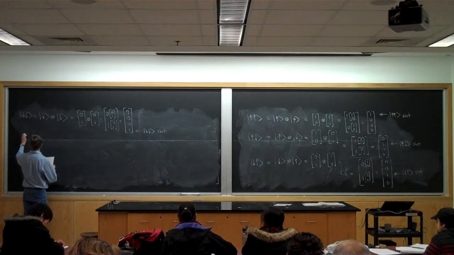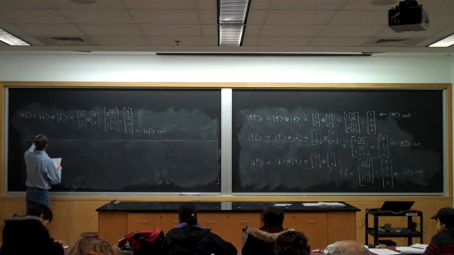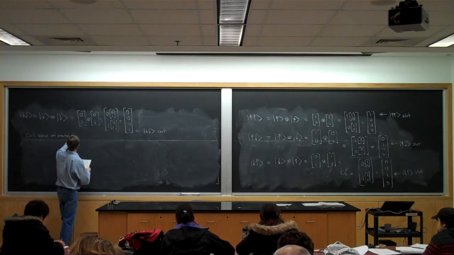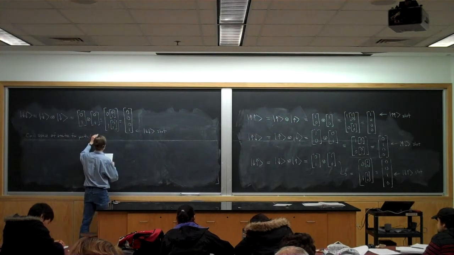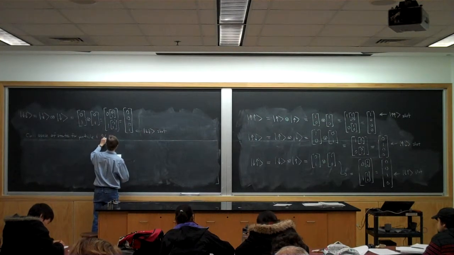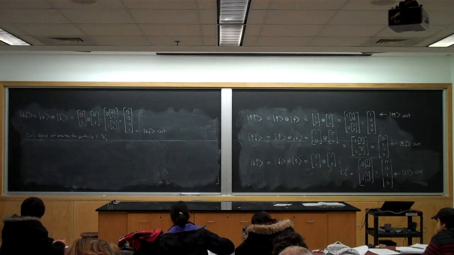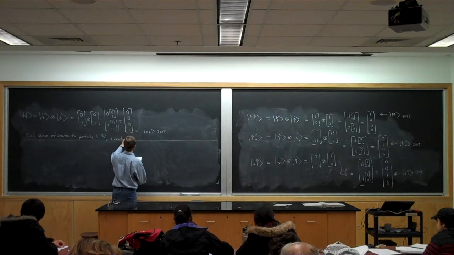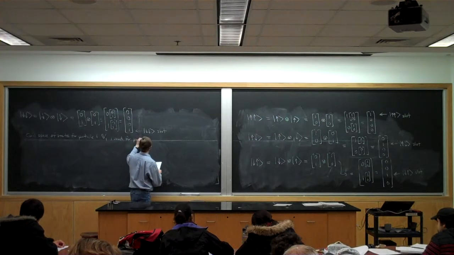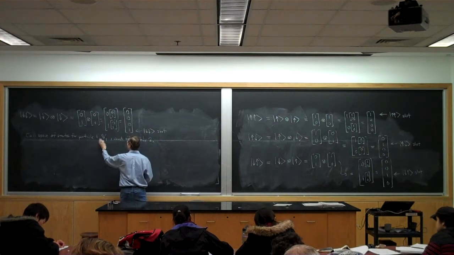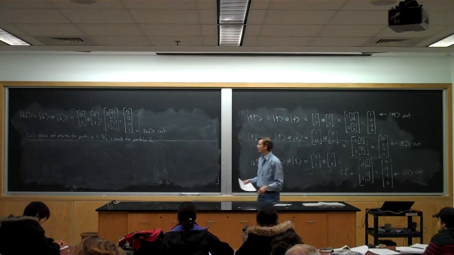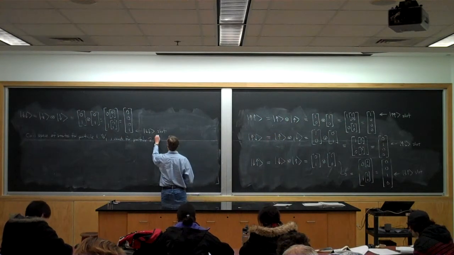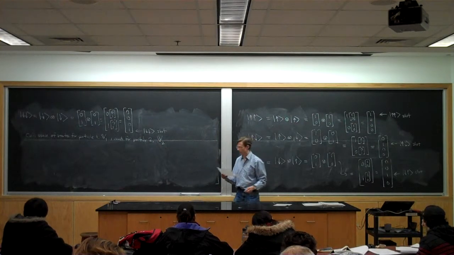So, if we get fancy, if we call the space of states for particle 1 V sub 1, so vector space of states for particle 1, and for particle 2, we'll call its space of states V2.